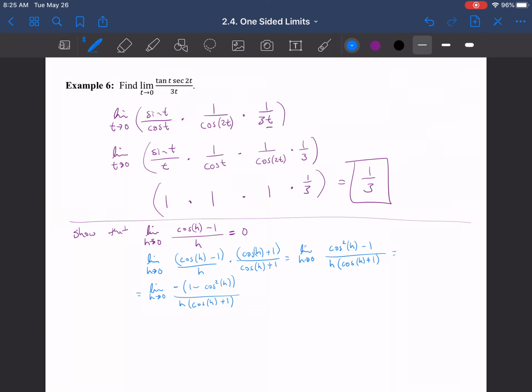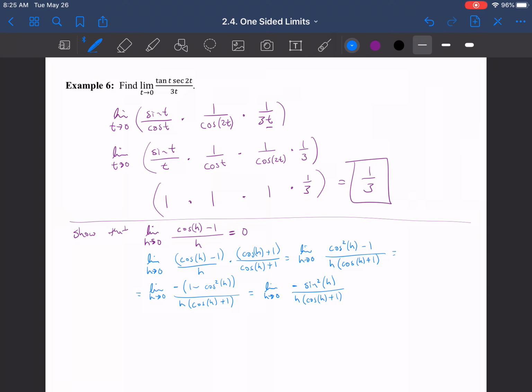And if you remember, 1 minus cosine squared is just sine squared. So this is going to be the limit as h goes to 0, minus sine squared of h over h times cosine of h plus 1, just like that.